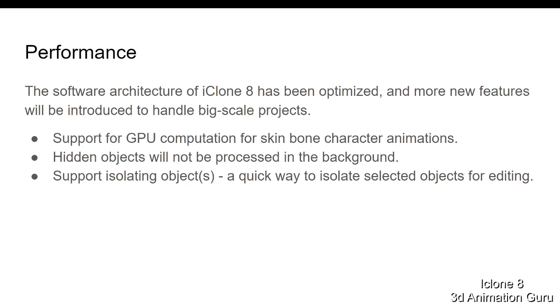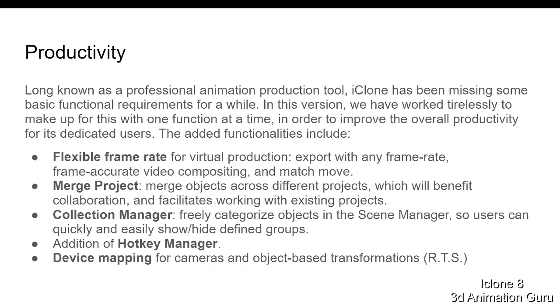So that is productivity. As a professional animation production tool, iClone has been missing some basic functions required for a while. So this was not there. In this version, we have worked tirelessly to make up for this with one function at a time in order to improve the overall production for its dedicated users.